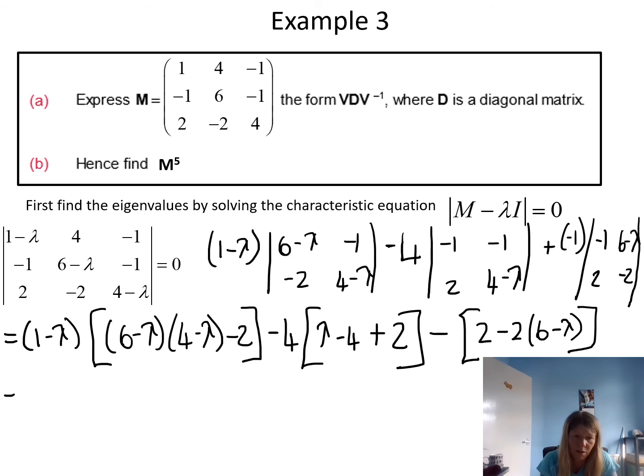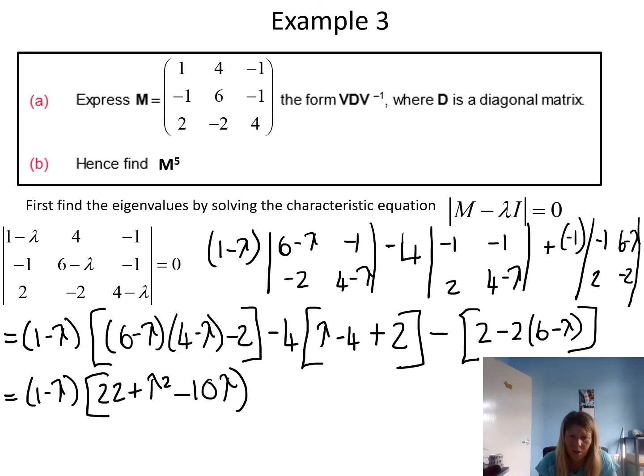Right, working that out, we've got 1 minus lambda, expand those brackets. We're going to have 20, 42, 22. We're going to have plus lambda squared, and minus 10 lambdas. Then we're going to have minus 4 lambdas, and then make minus 2, don't they? Yeah, minus 2.